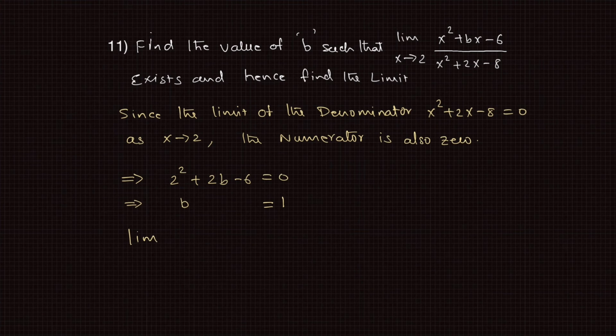Therefore, the limit of x squared plus bx minus 6 divided by x squared plus 2x minus 8 as x approaches 2 is the limit of x squared plus 1x minus 6 divided by x squared plus 2x minus 8 as x approaches 2.